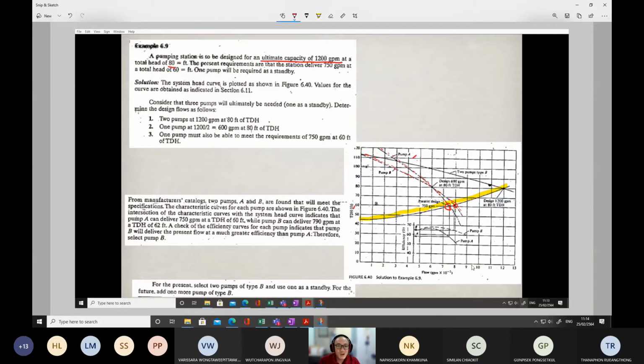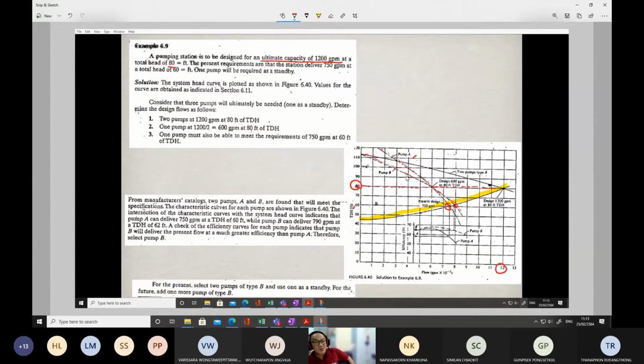So we actually want 12 GPM, and we want the head as large as 80 feet. If the shops can only supply either pump A or pump B, it will not give you a satisfactory result.